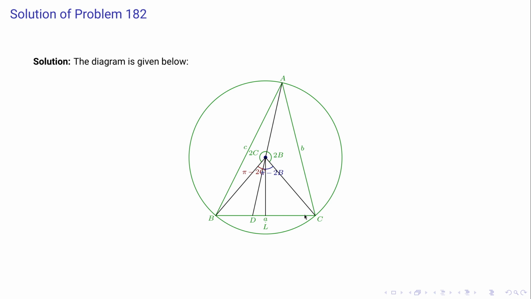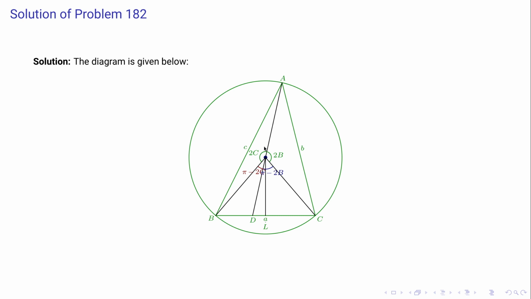Now the sides are shown as A, B, C. We have drawn a perpendicular L to side BC from O, and the straight line OA is extended to D.